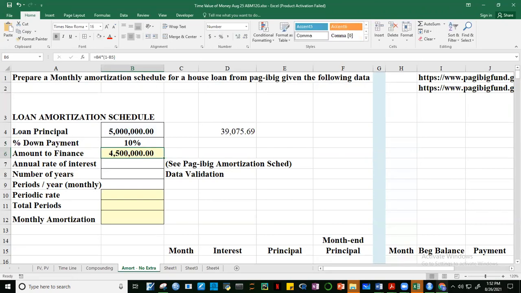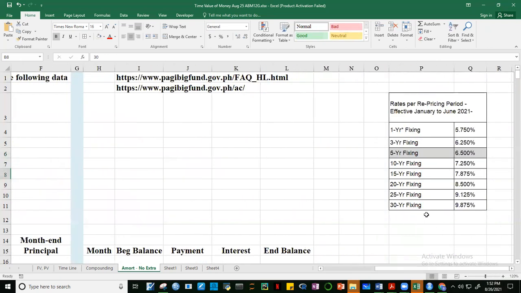And as stated in their affordability calculator. Okay? So, ang gagamitin natin, number of years, sabi natin 30 years tayo. Tapos, ang annual interest rate is based on the schedule nila, 9.875. Okay, I think I copied that. Tama ba? Yan. 30 years, 9.875.